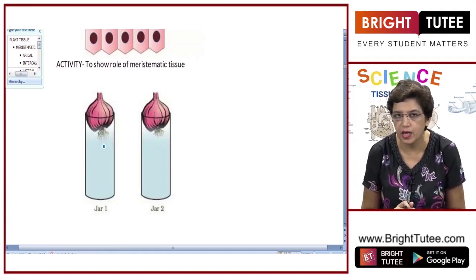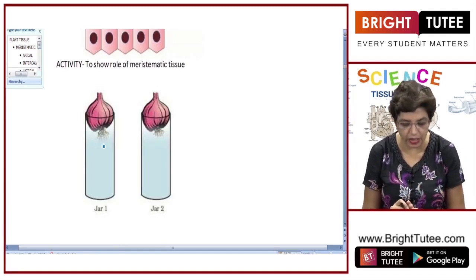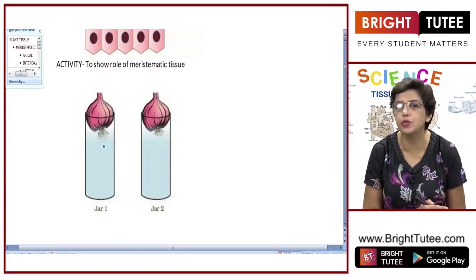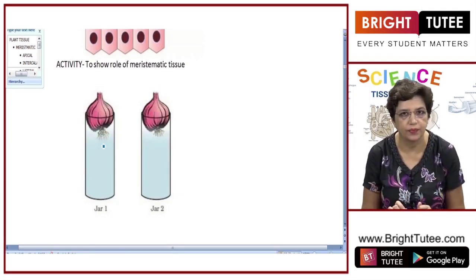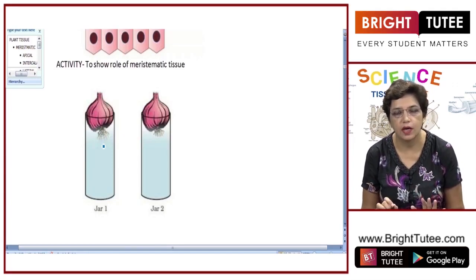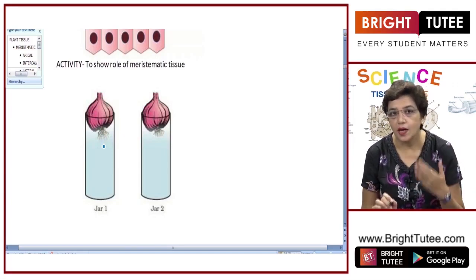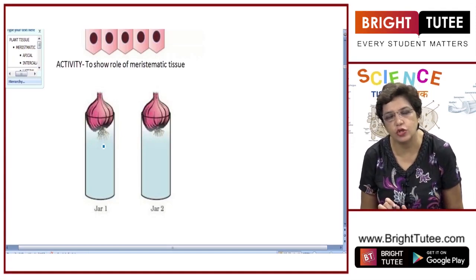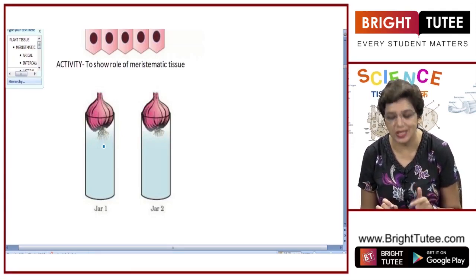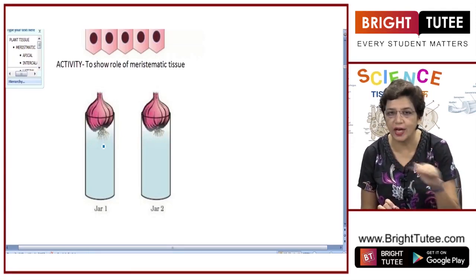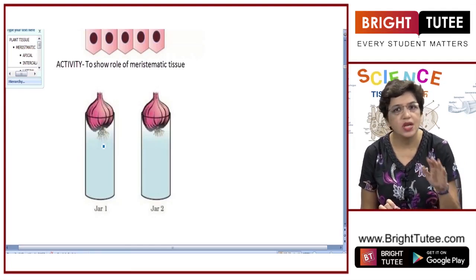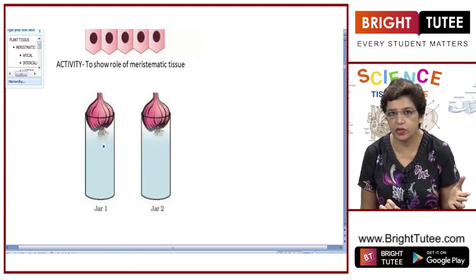Now after 3 to 4 days, you cut the tips of the roots in jar 1 and then again dip them. Cut all the tips. Then observe again for 3 to 4 days. You will notice that in jar 1, in which you have cut the tips of the roots, the roots will not grow any further.